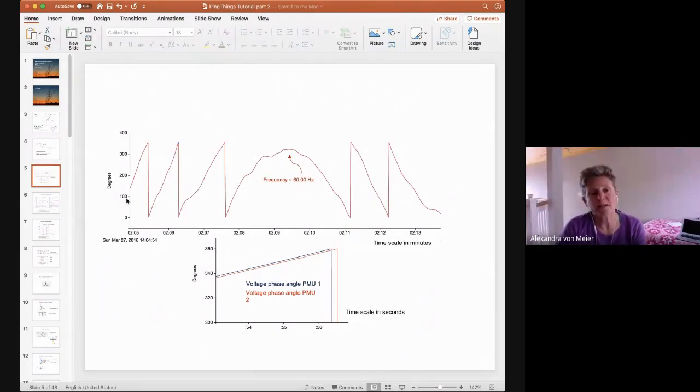Now here's a picture I didn't have last week, and this is showing something familiar to those of you who have looked at voltage phase angle or current phase angle data and said, what the hell is going on here? This is so weird.